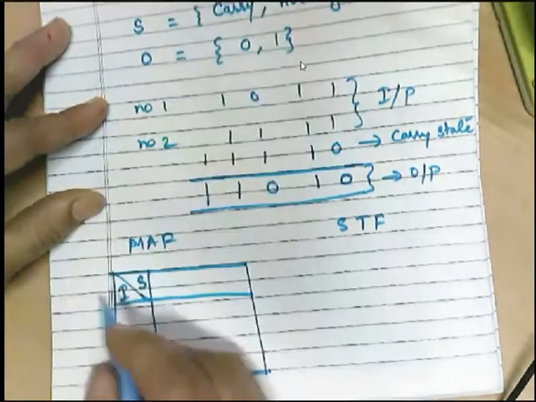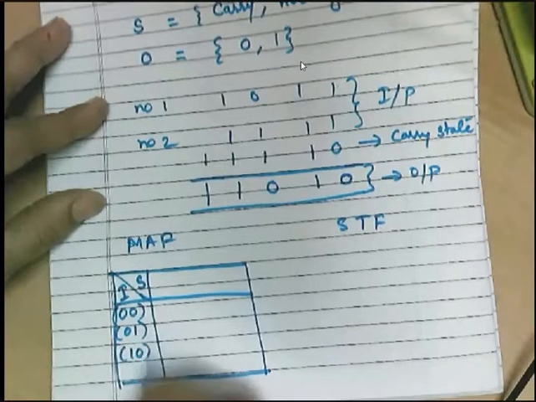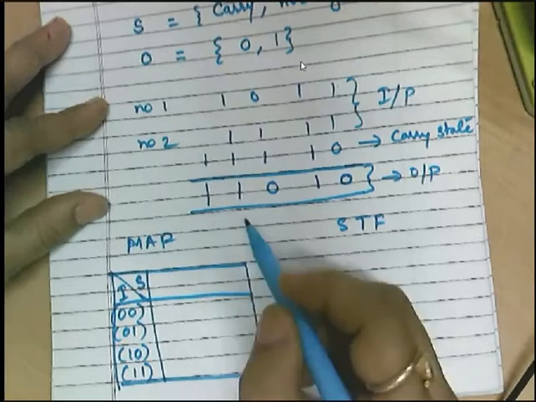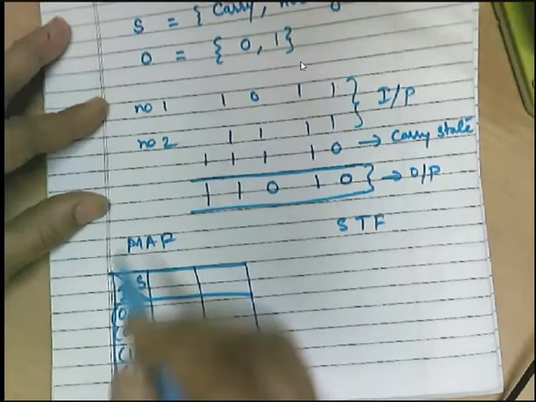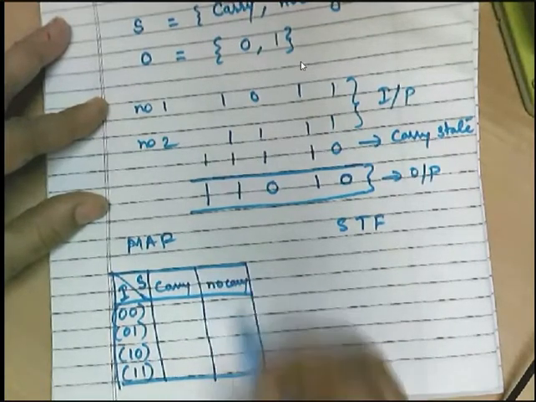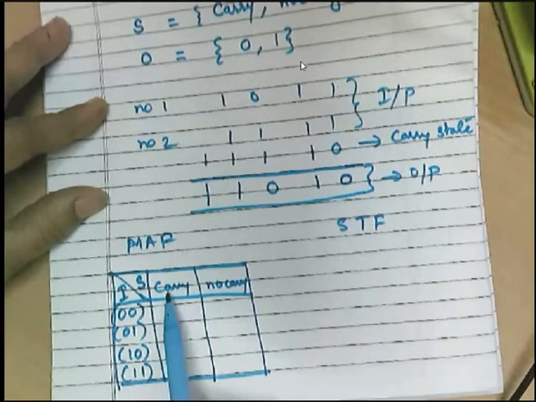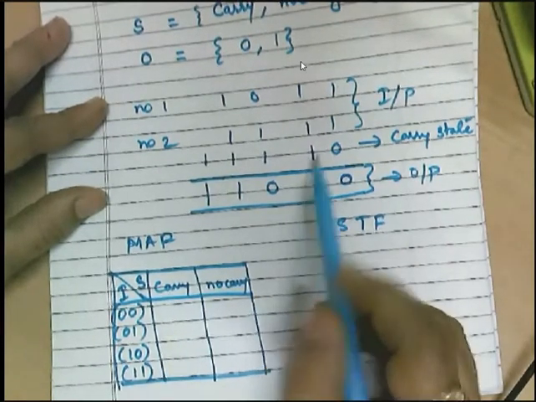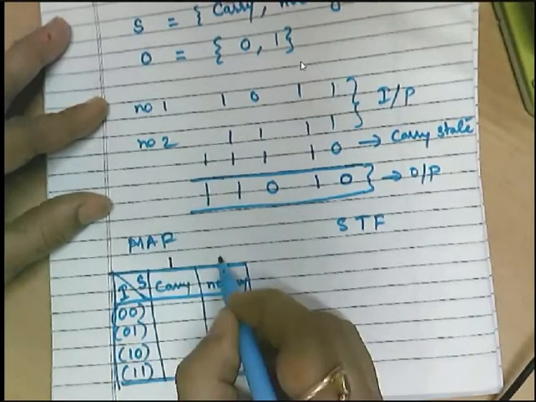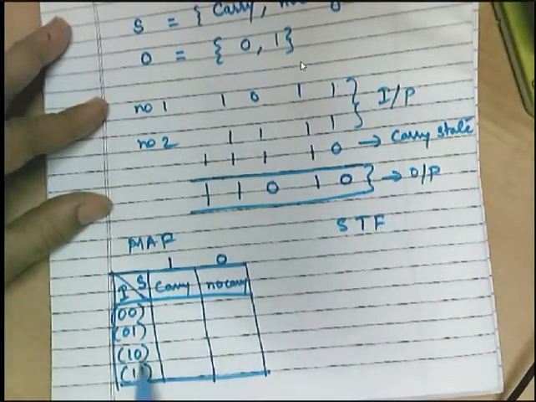This combination: 0 0, 0 1, 1 0 and 1 1. What are the different states? My states are the carry state and no carry state. Can I say when there is no carry, I am actually adding 0, and when I have the carry state, I am actually adding 1? So my carry state represents 1 and my no carry state represents 0, so that we can consider it in the final output.